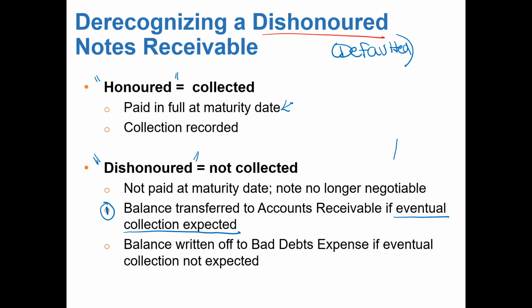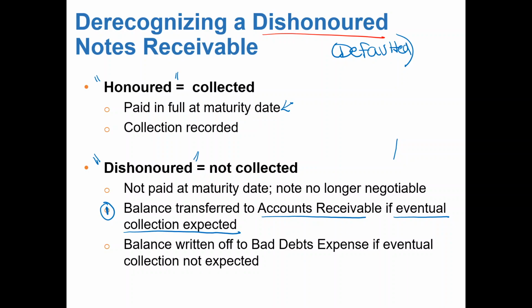So you get to that maturity date, and at that point, the other party isn't able to pay you, but you think that there's still eventual collection expected in the future. That's this first option here. We would move the amount from the note receivable and transfer it into accounts receivable. So we still think we're going to get it, but since the note has expired or ended, we put it in accounts receivable so our collection team knows about it and they can try and get that money.